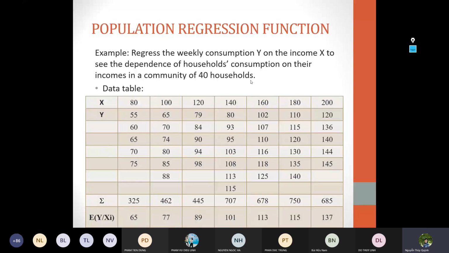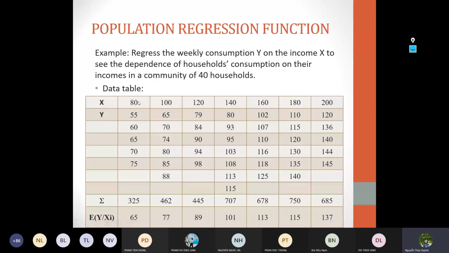It's just a hypothetical population. In reality, our population is usually much bigger. Because the population is quite small here, we can easily get the observations of the whole population. X is the level of income and Y is the level of consumption. We have 40 observations here.